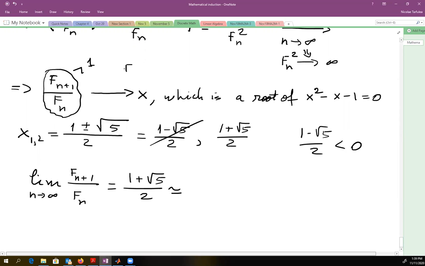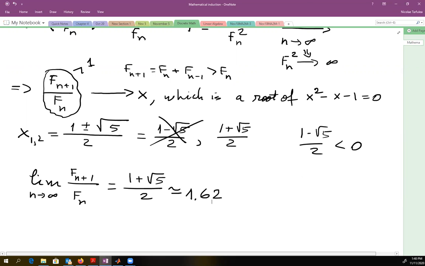Keep in mind that fn plus 1 is fn plus fn minus 1, which is greater than fn. So that's why we can discard this value. Only this one remains. Now, the value of this is about 1.62. Of course, you can get more decimal places if you want.